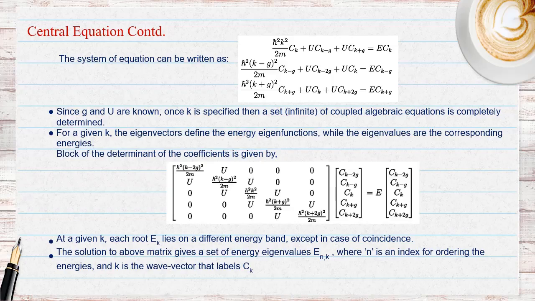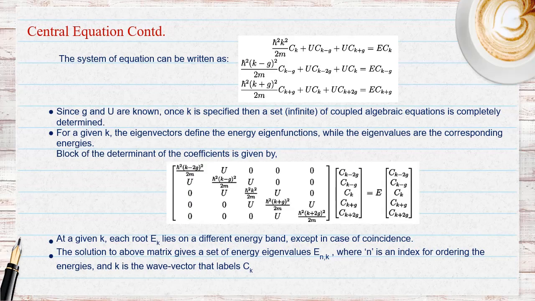At a given wave vector, each root E, or we can represent it as Ek, lies on a different energy band, except in the case of coincidence. So the solution to the above matrix gives a set of energy eigenvalues.